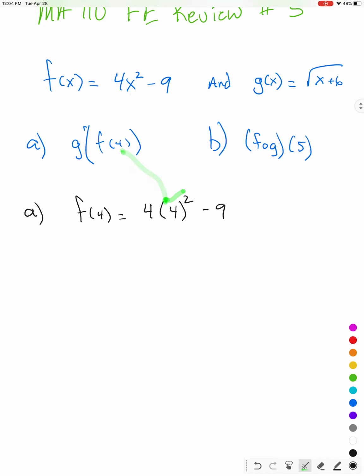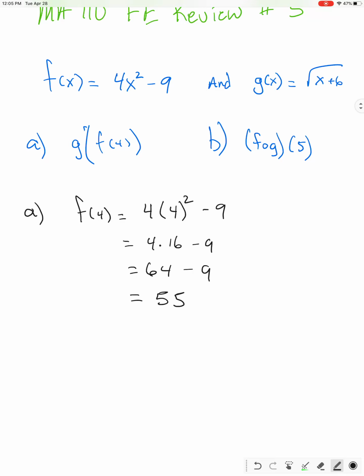And when I simplify that, I'm going to get 4 times 16 minus 9. And 4 times 16 is not something I have memorized, so I have to think about that for a second. So that's 64 minus 9, and 64 minus 9 is 55.